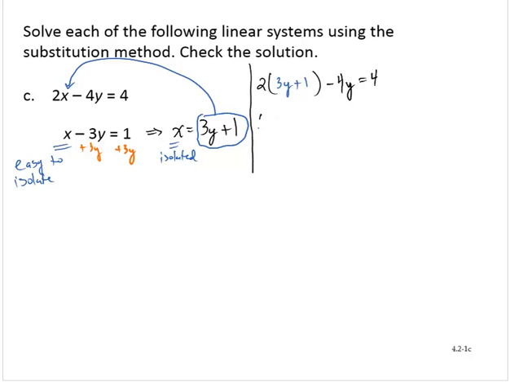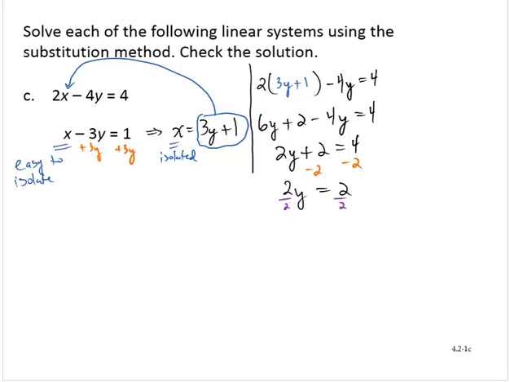Applying the distributive property, 6y plus 2 minus 4y is 4. Combining like terms, 2y plus 2 is 4. Subtracting 2 from both sides, 2y is equal to 2. Dividing by 2, y is equal to 1.